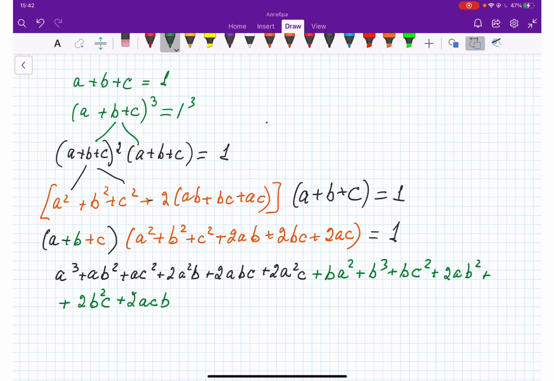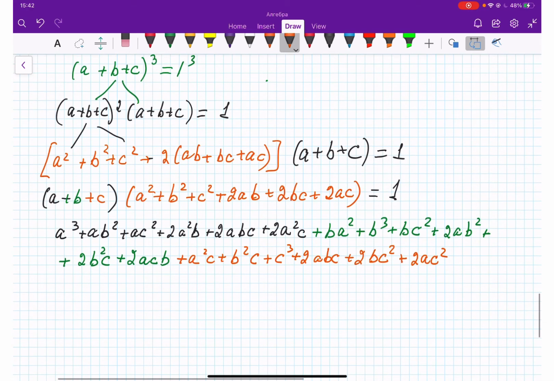Done. Moving to multiplication of C by the entire parentheses: plus A squared C plus B squared C plus C cubed plus 2ABC plus 2BC squared plus 2AC squared.